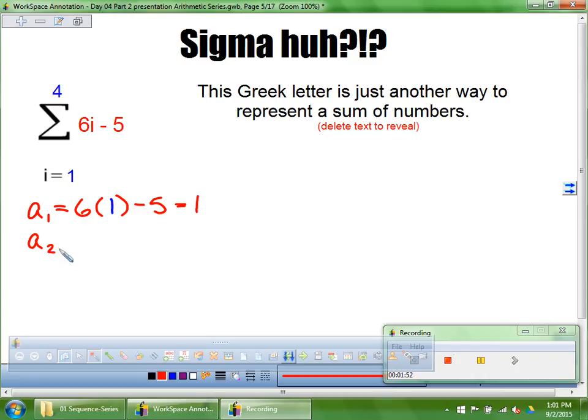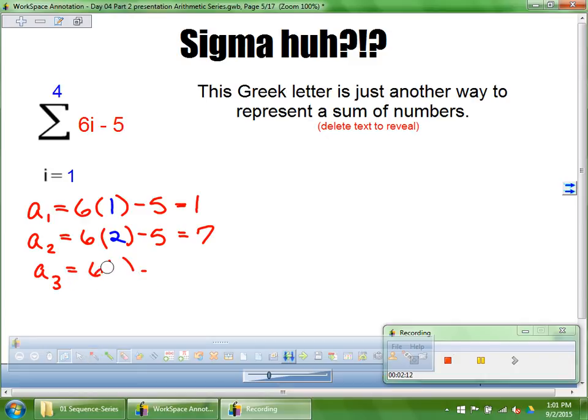Now I'm going to find my second term. In order to find my second term, I now have to go up from 1, which is now 2. So this is 12 minus 5 is 7. My third term, now I'm actually going to skip a step because under here I've got this all written out.